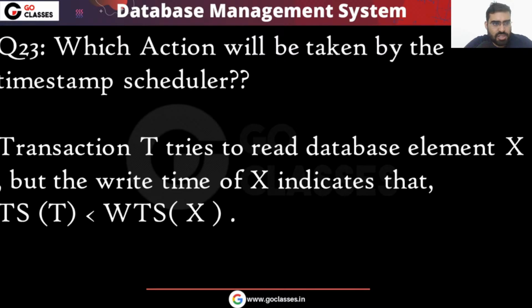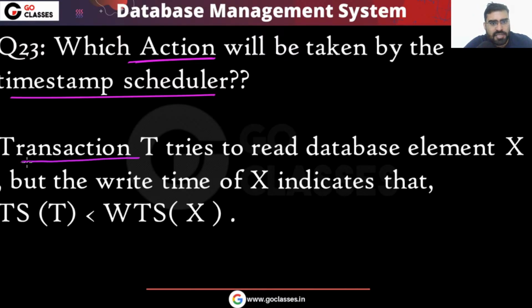So tell me the answer for this one. This is another nice question. Which action will be taken by the timestamp scheduler? Will it allow? Will it roll back? Read this question.